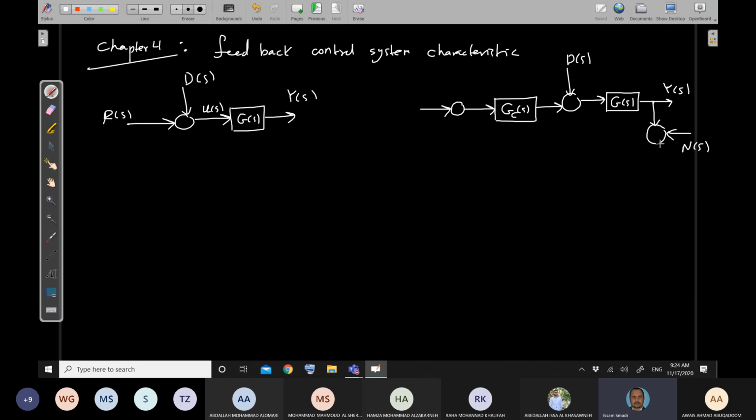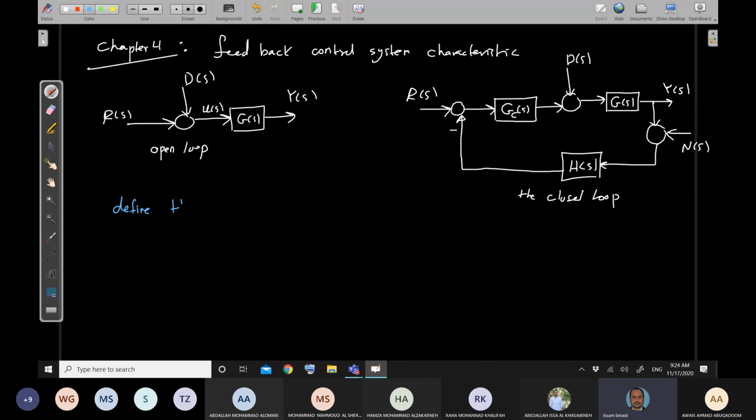Because any sensor has noise. Then here I'm having feedback, which is H(s), due to the sensor. This would be the negative feedback, minus, and this would be the R(s). Now, this is actually called the open loop configuration, and this actually is called what? The closed loop configuration.